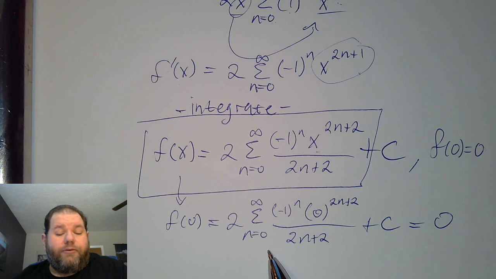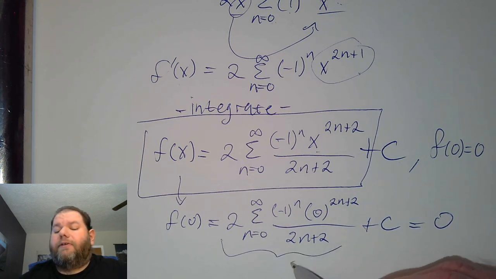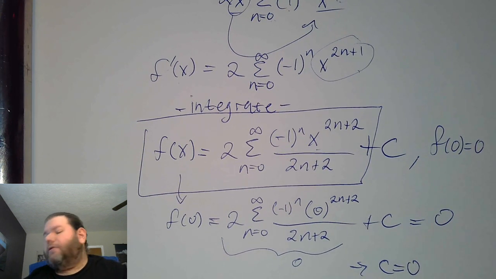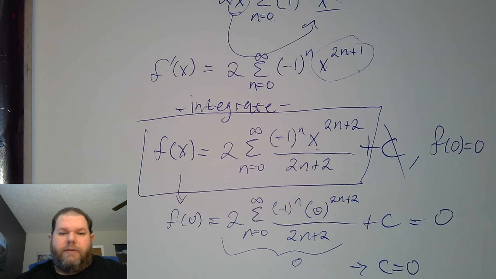So long story short, this is equal to 0, so our conclusion is c must be equal to 0 also. So we don't really need that term in this case. I mean, we need it, but it turned out to be 0.